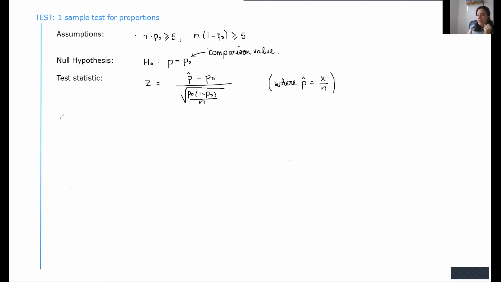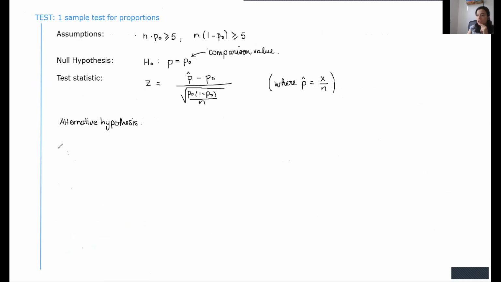Then what I need to determine is, what am I trying to show? What are my alternative hypotheses? And depending on what the alternative hypothesis is, I'm going to reject under different conditions.